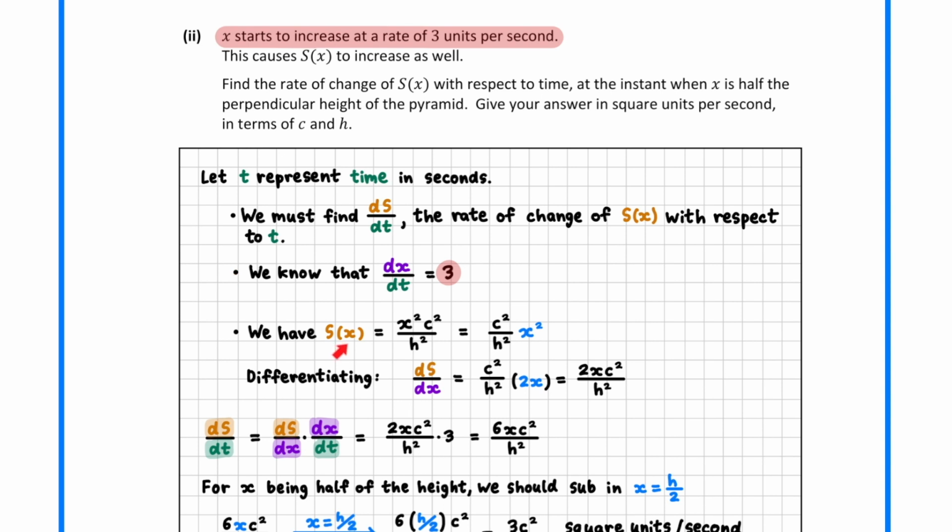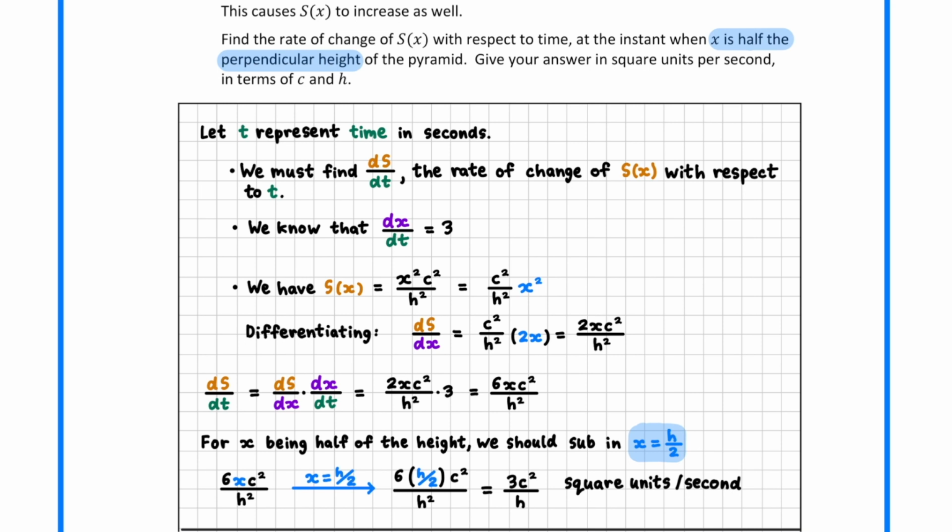s of x was defined to be x squared times c squared over h squared. Differentiating this expression and simplifying tells us that ds/dx is 2xc squared over h squared. ds/dt is the product of these two derivatives, which comes out as 6xc squared over h squared.